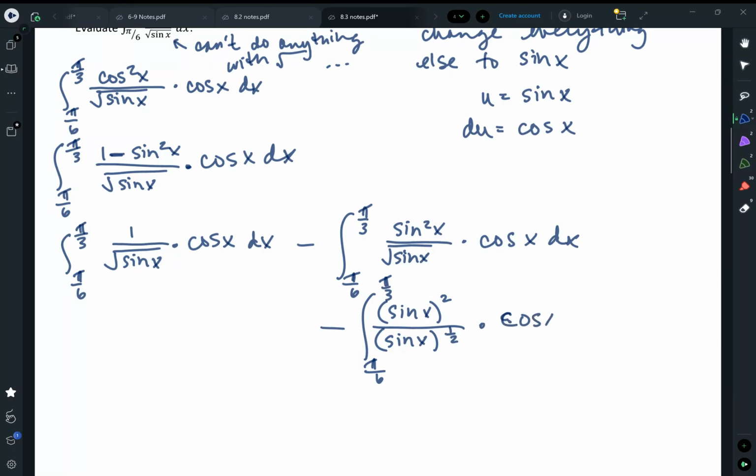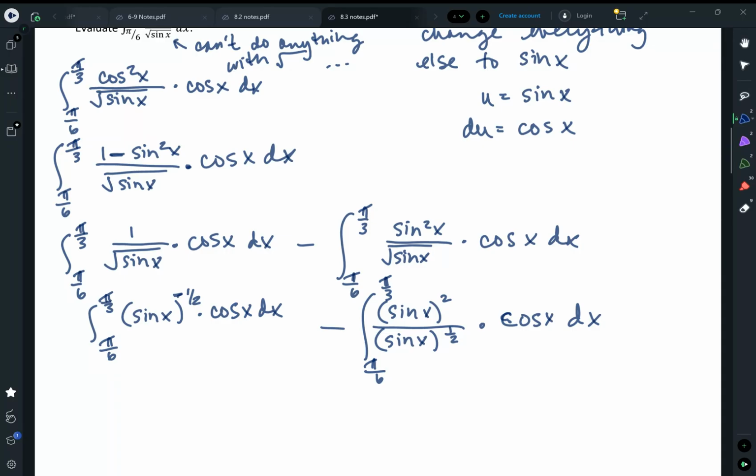So that's going to make that easy to work with. And the first one, it's really just like 1 over my square root. So I think I'm going to write that as sine x to the negative 1/2 power. And then I've got my cosine x dx.